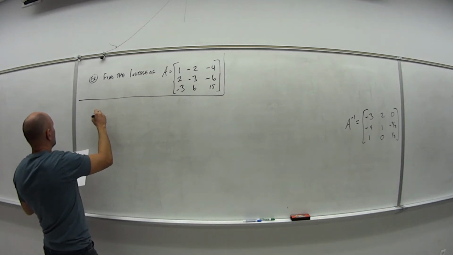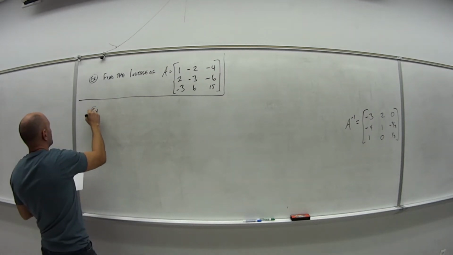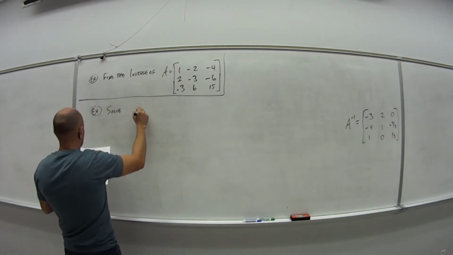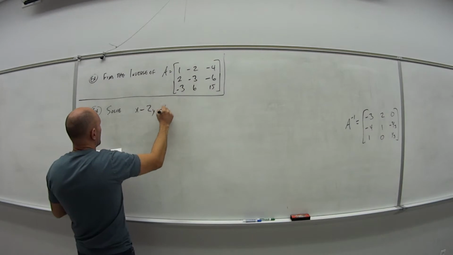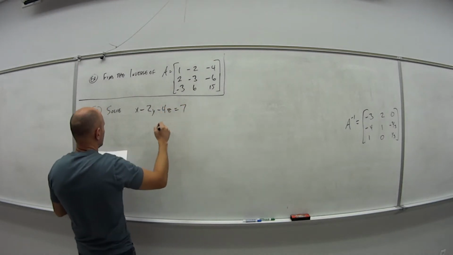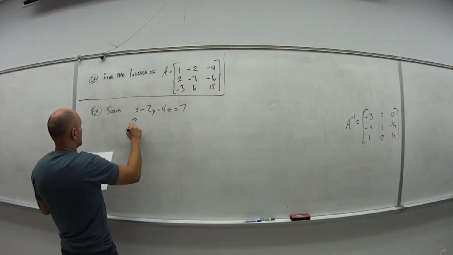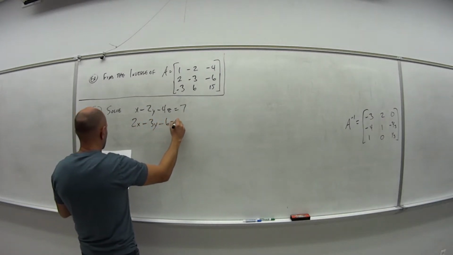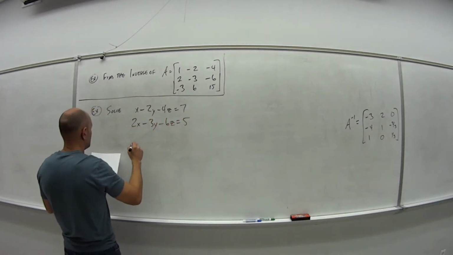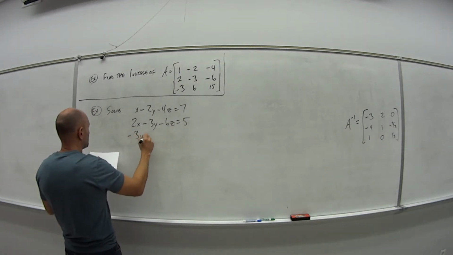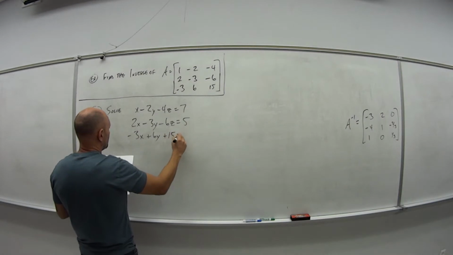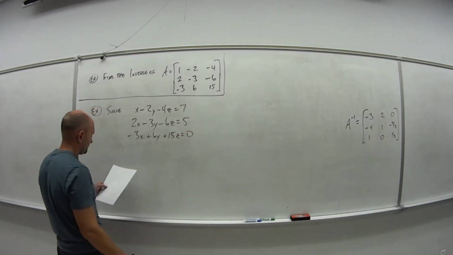Let's say I want to solve x minus 2y minus 4z is equal to 7, 2x minus 3y minus 6z is equal to 5, and negative 3x plus 6y plus 15z is equal to 0.